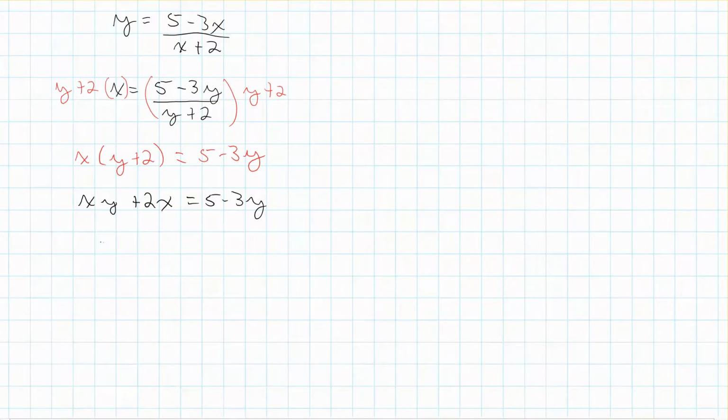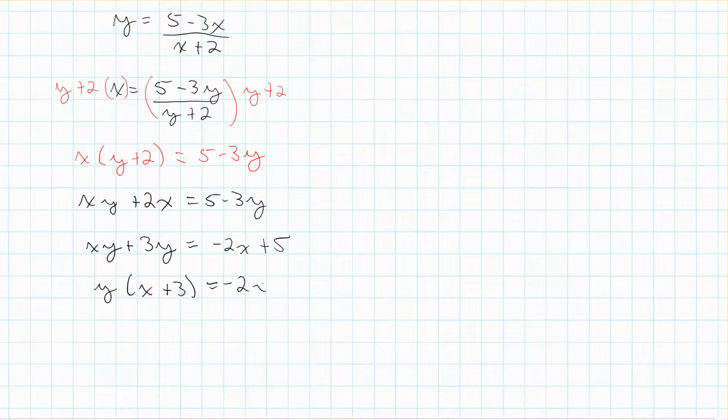So we'd have xy plus 3y is equal to negative 2x plus 5. Well, then I can factor a y out, and I'd have y times x plus 3 is equal to negative 2x plus 5.